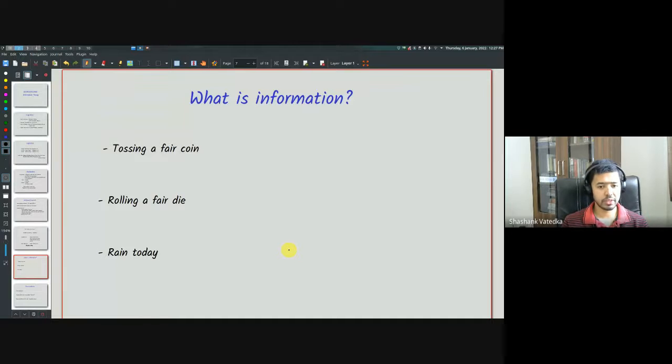Another experiment is that I roll a 6-sided die and I tell you the face which comes on top. So it's a 1, 2, 3, 4, 5, or 6. These are two different experiments. Out of these two, which one do you think gives you more information? Any guesses?